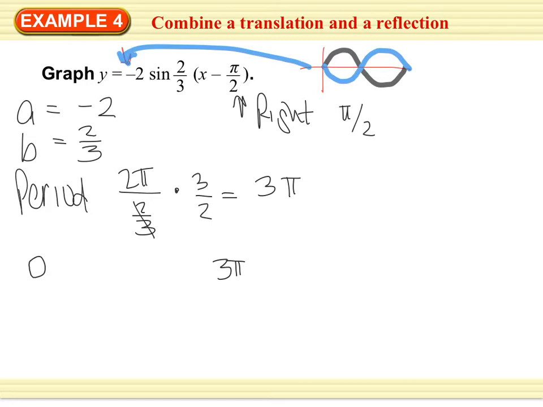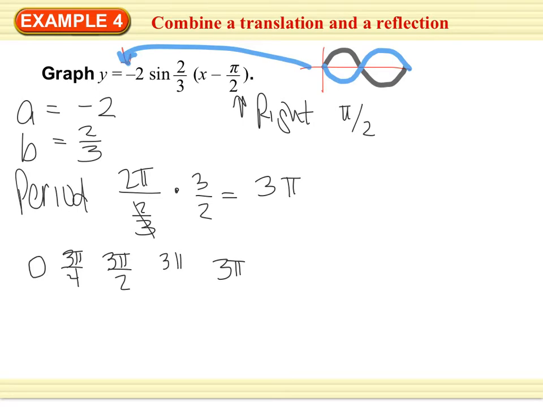Halfway is going to be 3π/2. Quarter way is going to be 3π/4. And 3/4 away is going to be, let's see, 9π/6, which would be 3π/2.